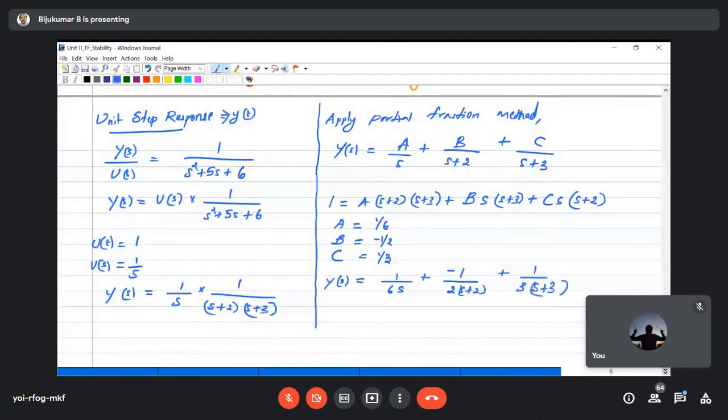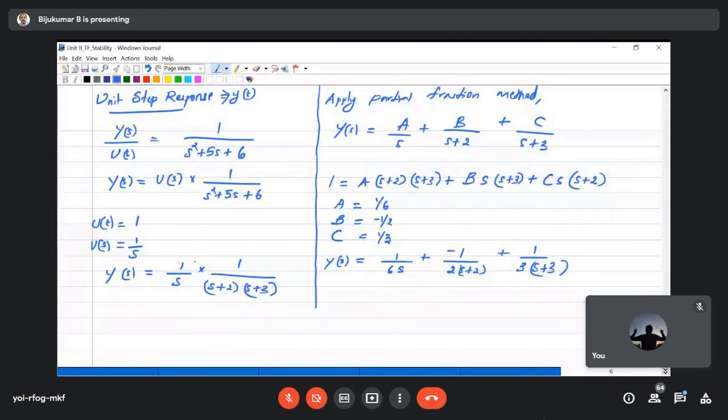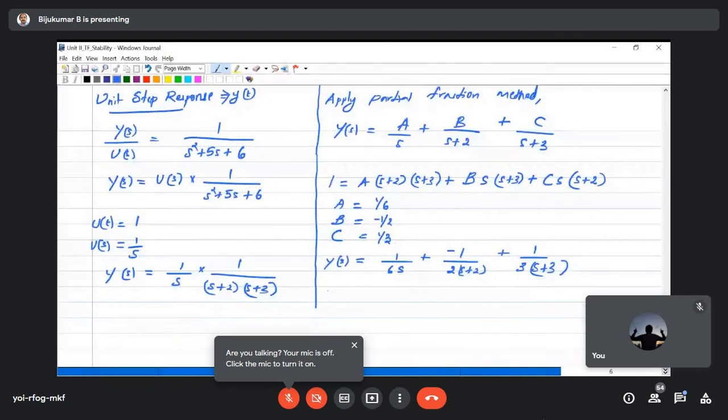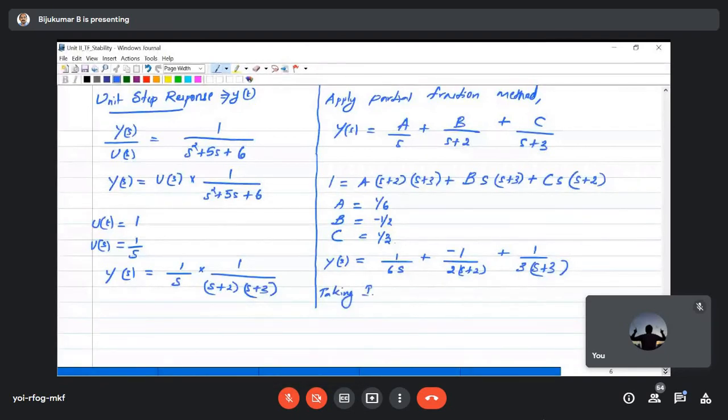So how to find the final response, the unit step response? Take the inverse Laplace transform, right? So taking the inverse Laplace transform, we can write y(t) = 1/6.